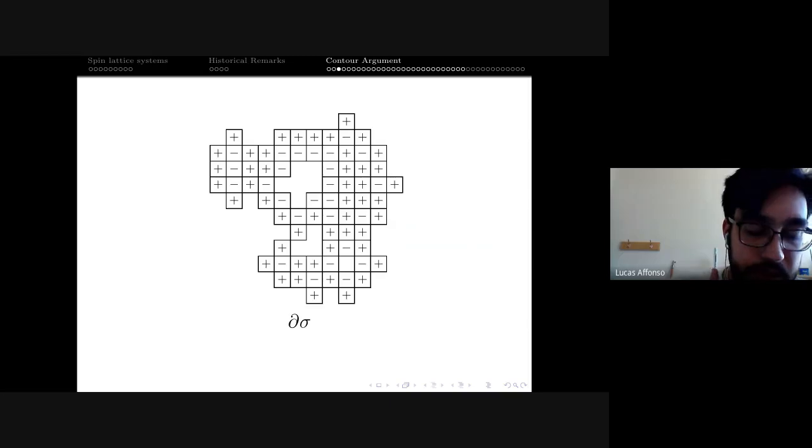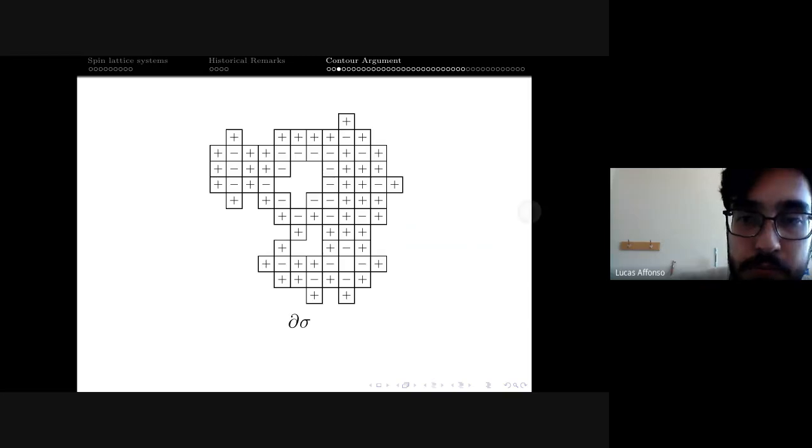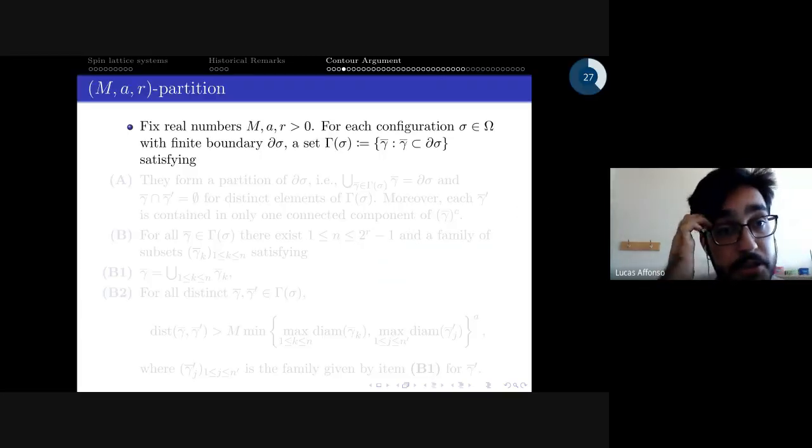But in longer range systems, you have a problem because large portions of the space can have a large interaction. The interaction sees all the lattice, so it's not so easy to break the boundary into contours. And so in order to do this, we introduced a concept that we call the MRA partition.